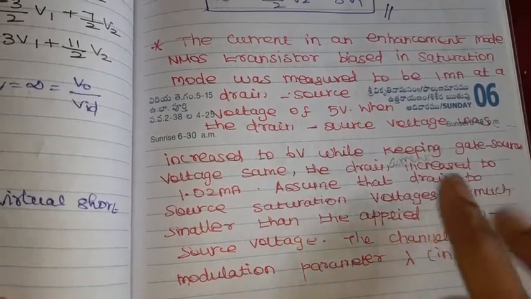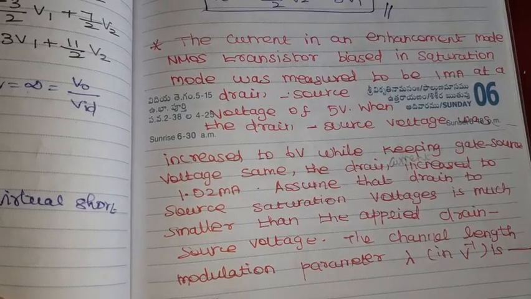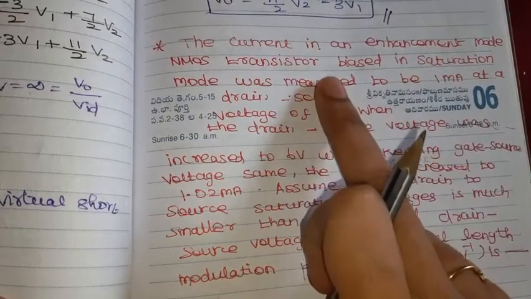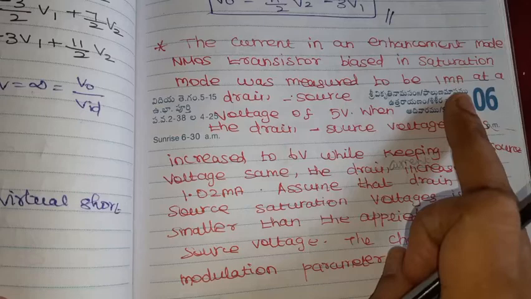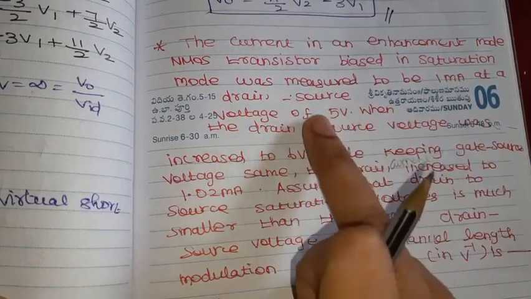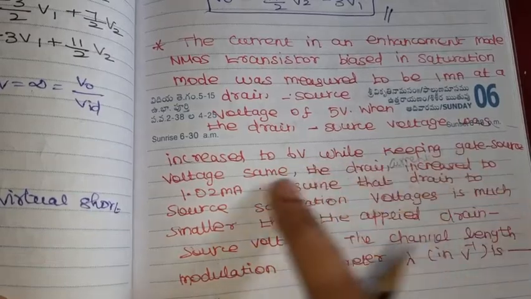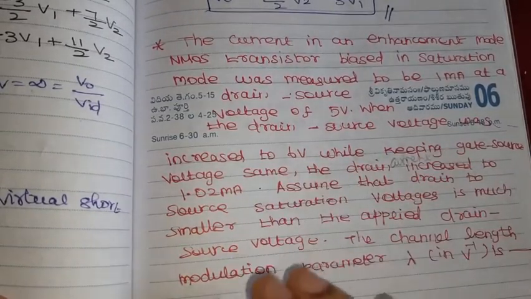So what is given in the formula? First, what is the ID? ID is the drain current. First it is 1 milliampere where VDS is equal to 5 volt. When VDS is increased to 6 volt, VGS is the same for both of these.